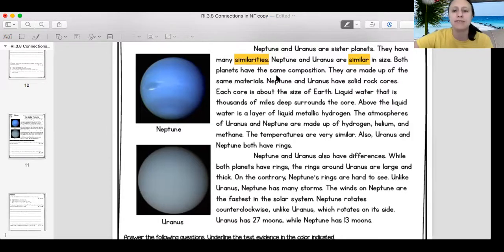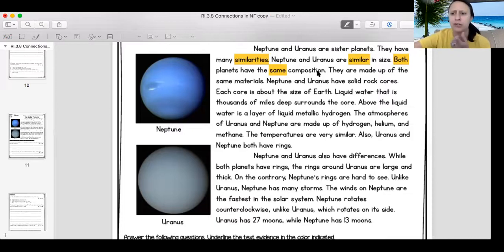Both planets have the same composition. Oh my goodness. Both. So if both me and my sister have the same color eyes, that means both of our eyes are the same color. So it'd be like the planets both have the same composition. So both is a signal word. And same. Similarity, same.